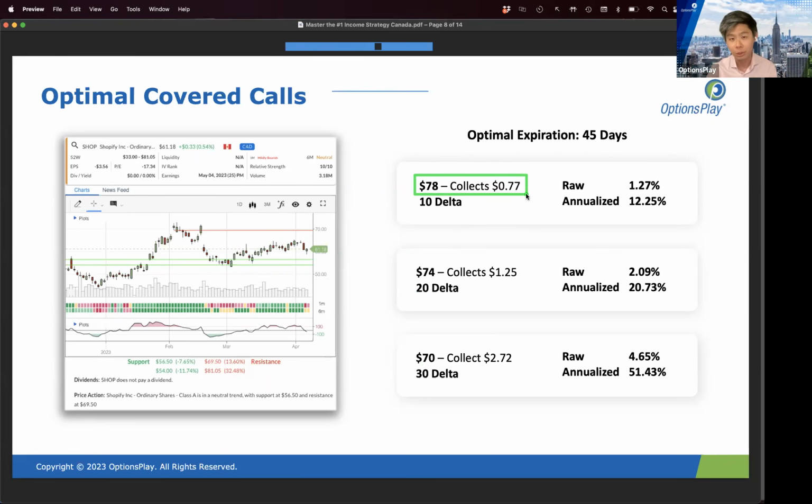You're going to keep roughly 12% annualized yield on your portfolio. Only 10% of the time, only 1 out of 10 trades, are you going to see the stock rocket significantly higher, and you're still going to keep your 12% annualized return and at the same time be able to capture most of that profit, if not all of it, in the upside.